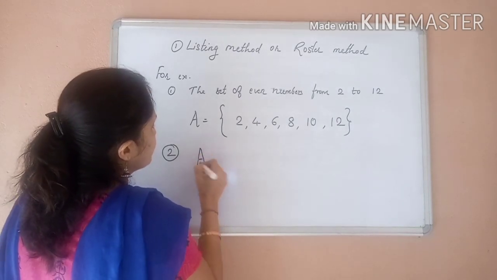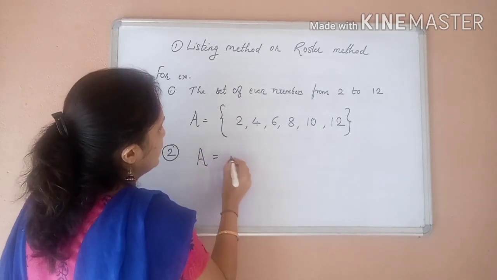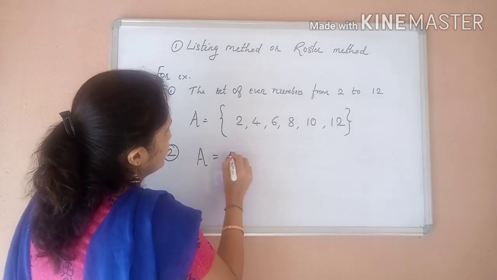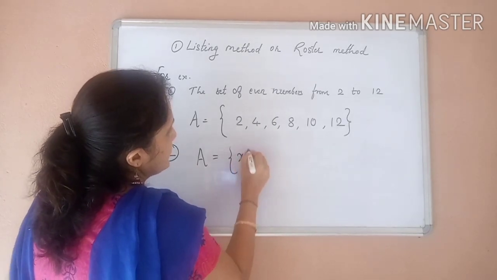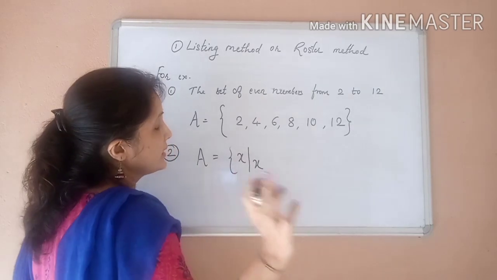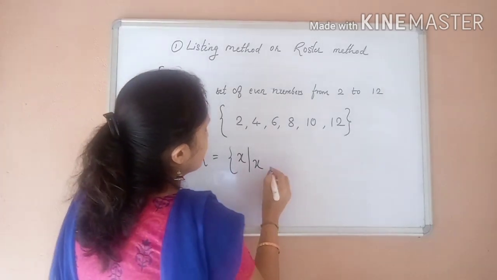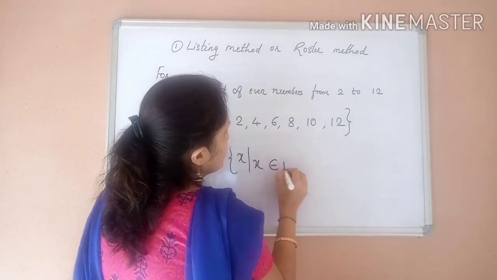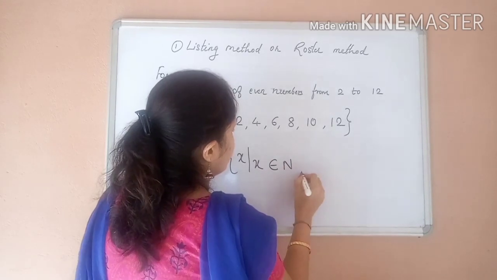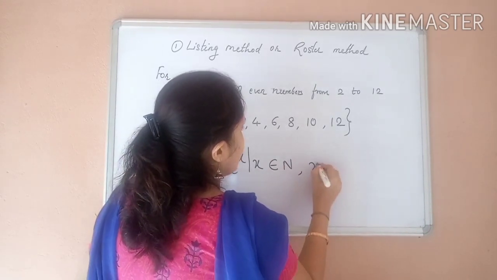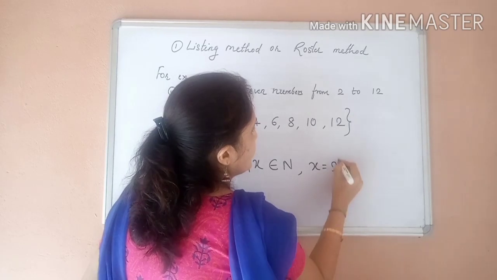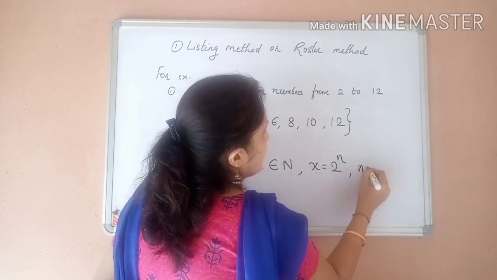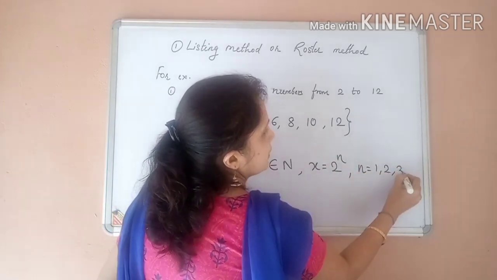A is equal to x, I will tell you what all these things mean, x belongs to natural number, and x is equal to 2 raised to n, where n is equal to 1, 2, 3.